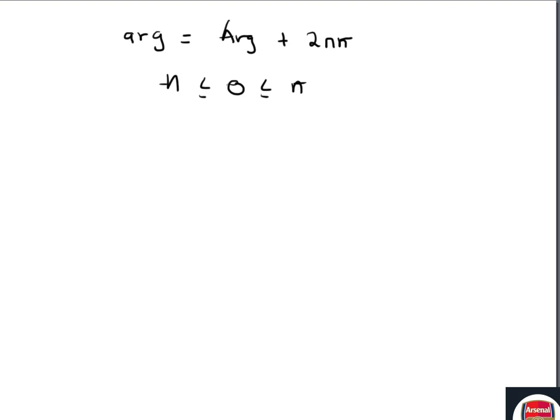So when you are given a question and you solve for your angle and you get an angle that falls in that interval, you don't have to convert the argument to a principal argument. An argument is a principal argument if it falls in that interval. Hope that's clear, please. I really want everyone to get this concept. It's very important to me because we would be using the principal argument to solve a lot of questions down there. So now let's move on.